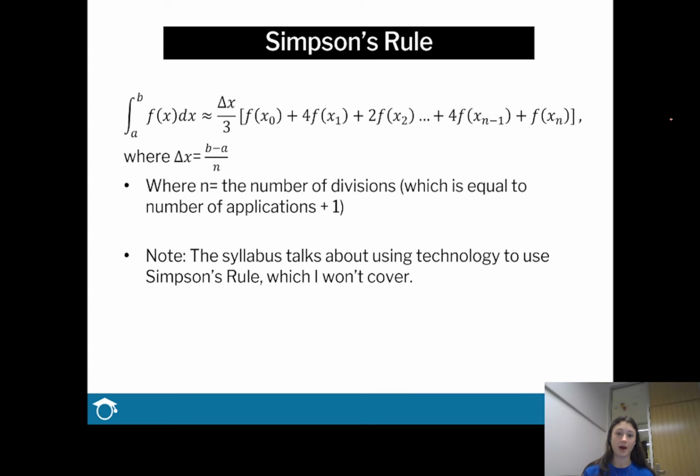And then your values within the brackets are the initial term, and then the last term is at the end, and then all the in-between ones in the middle. So technology for Simpson's rule is basically just using your calculator to add it all up, using the table function in your graphics calculator to find all the values of a function.